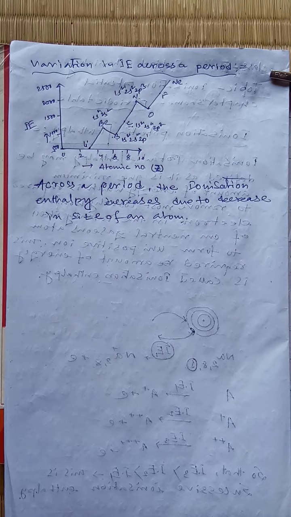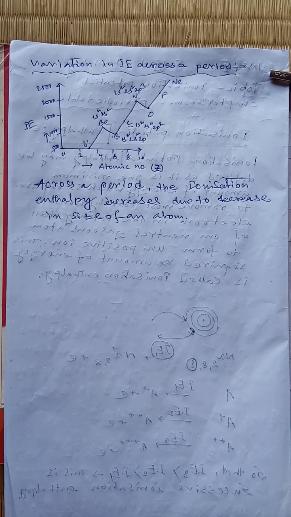So that is the concept about the variation in ionization enthalpy across a period.